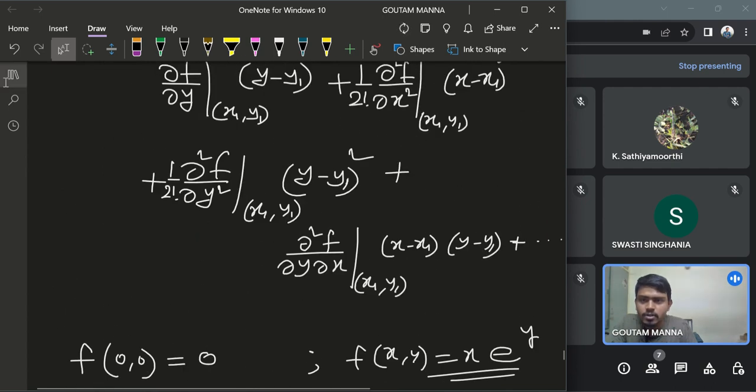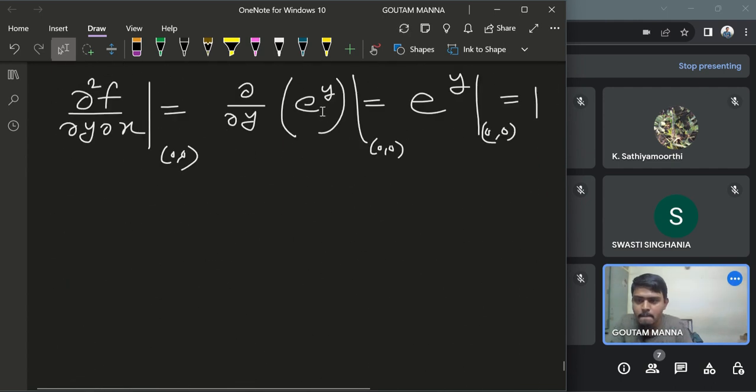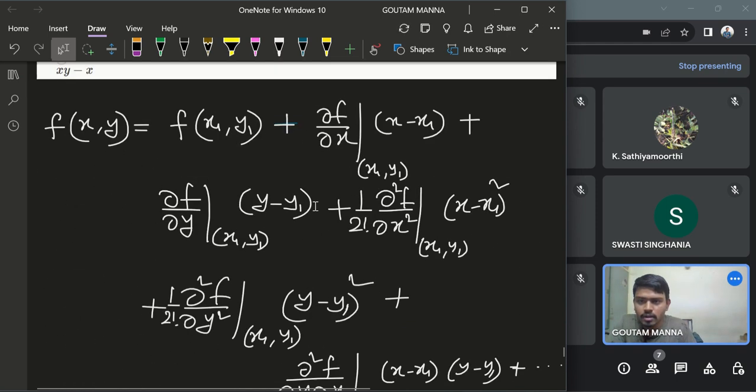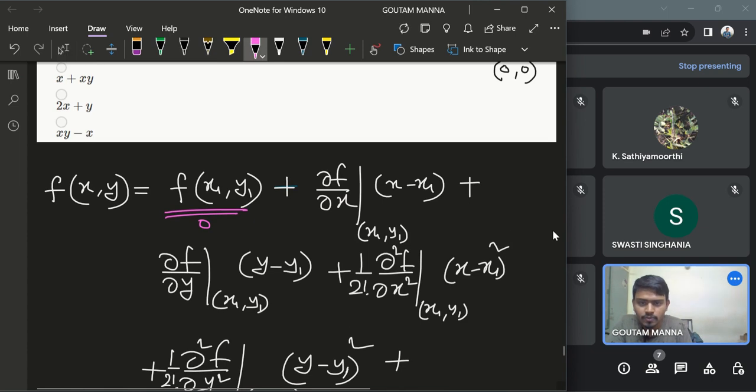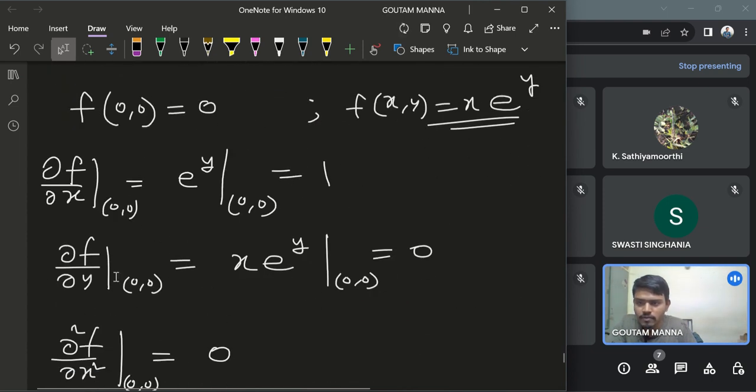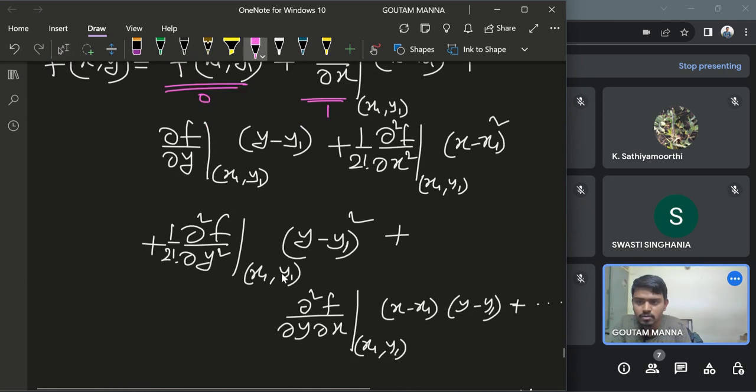So then the expansion will be f of xy. f of 0 0 is 0, so the first term is 0. Now del f del x at point 0 0 is 1, and del f del y at point 0 0 is 0, so this term is 0.